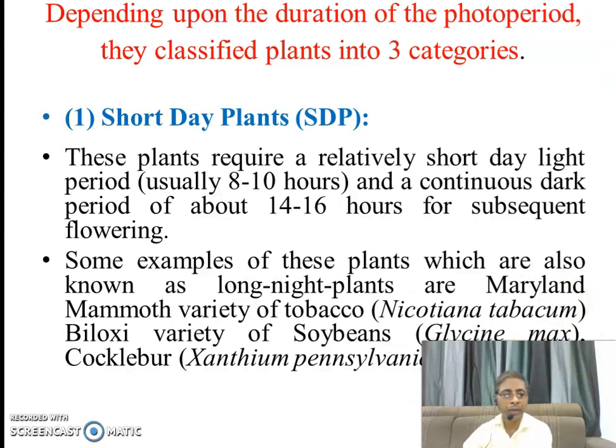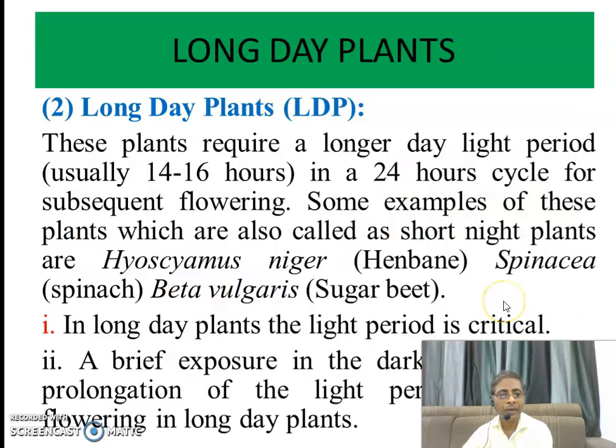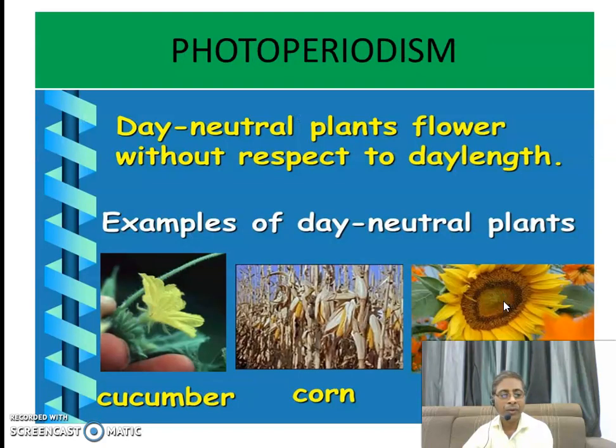Let us discuss this in detail. Depending upon the duration of the photoperiod, as we already discussed, plants are classified into three categories: short day plants, long day plants and day neutral plants. Here are the examples with diagram.